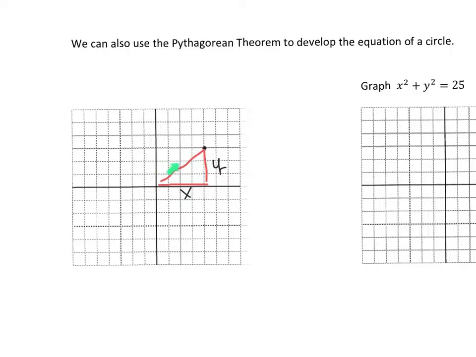The hypotenuse here, instead of calling it c, which is in the formula, or d, which is the distance between 2 points, we are going to call it r for the radius of a circle.